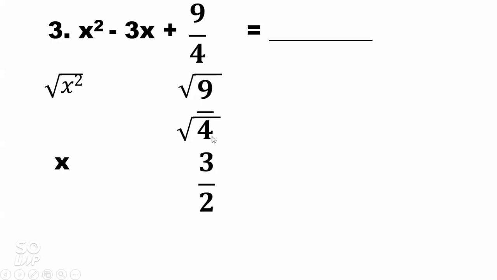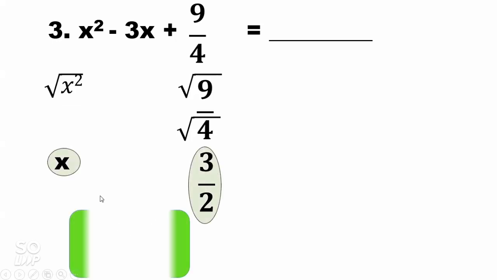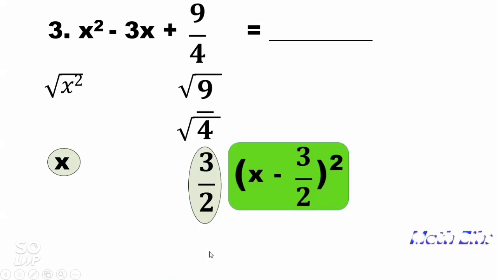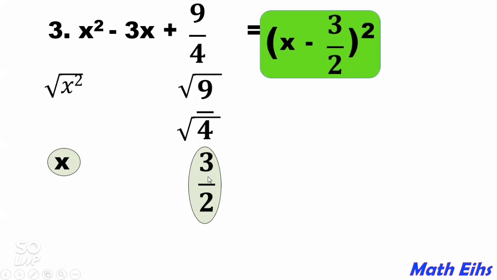The square root of 4 is 2. So, that's why we have 3 over 2. Pareho nating ni-square root yung numerator at denominator. Okay, and then we're going to rewrite. Okay, we have now the square of x minus 3 over 2. And that is your square of a binomial.